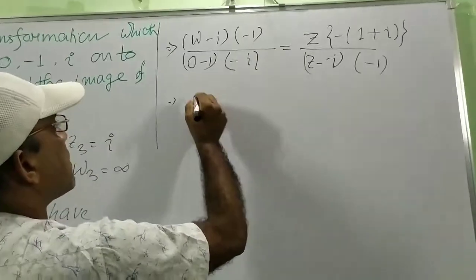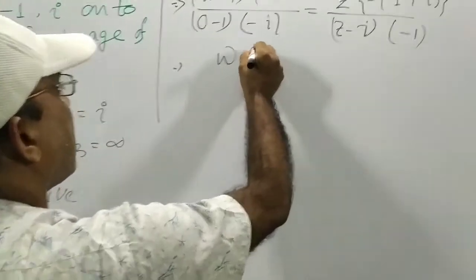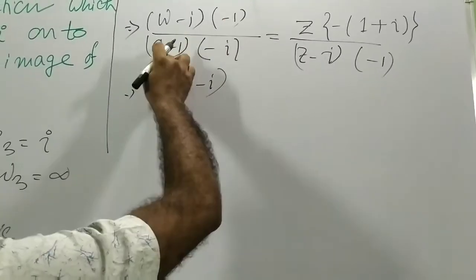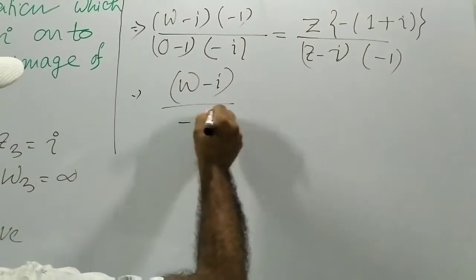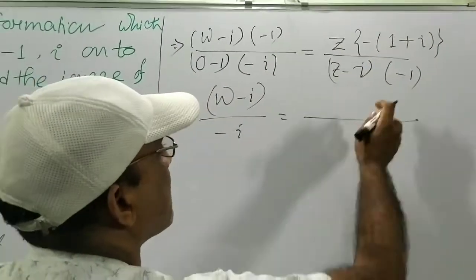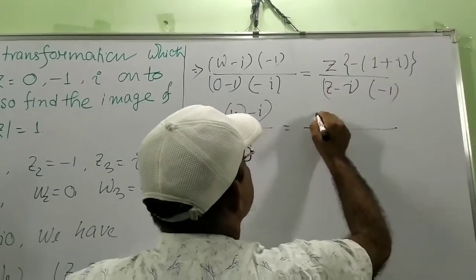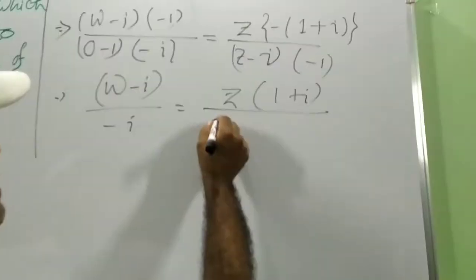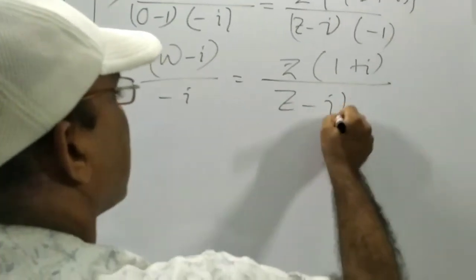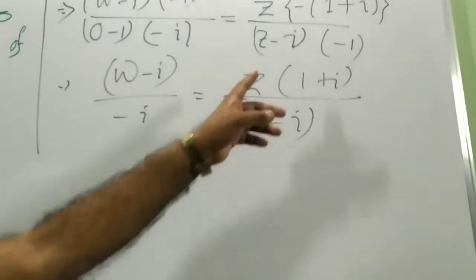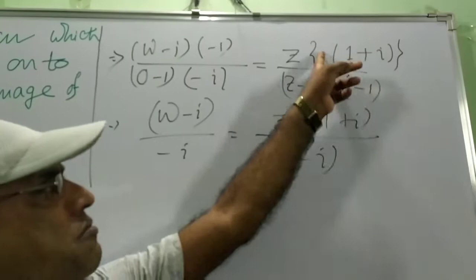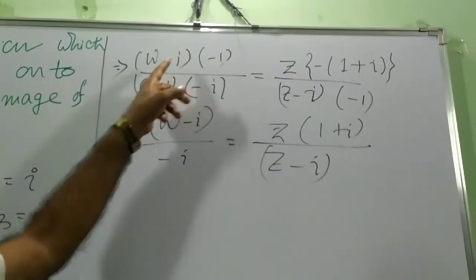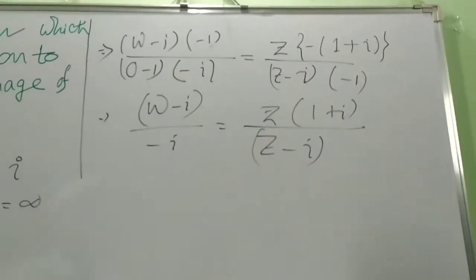So w minus i, this -1 cancels, we get -i, and on the right hand side this minus cancels, z(1 + i) by (z - i). Just these minus signs cancel, we get this.